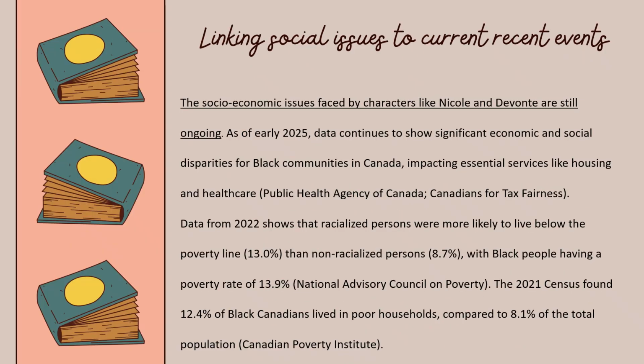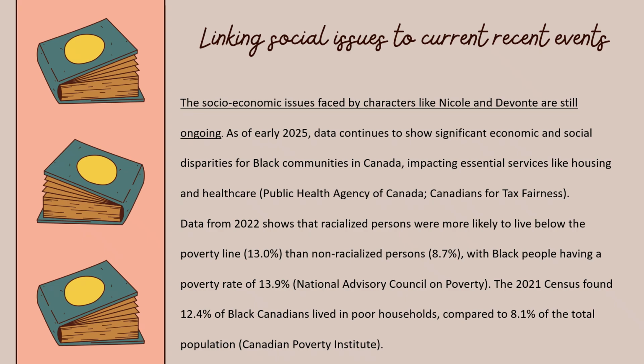Linking social issues from the scene to current recent events. The socioeconomic issues faced by characters like Nicole and Devante are still ongoing. As of early 2025, data continues to show significant economic and social disparities for Black communities in Canada, impacting essential services like housing and healthcare.